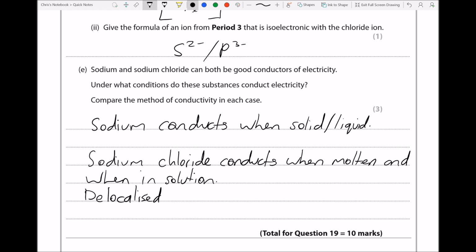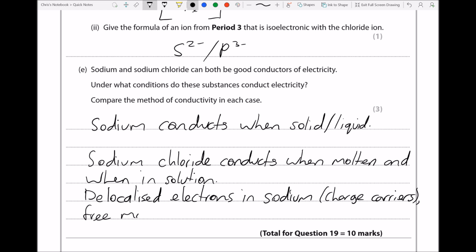Delocalized electrons in sodium, and we have free moving ions in sodium chloride.